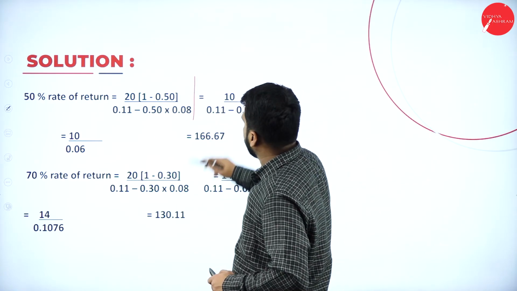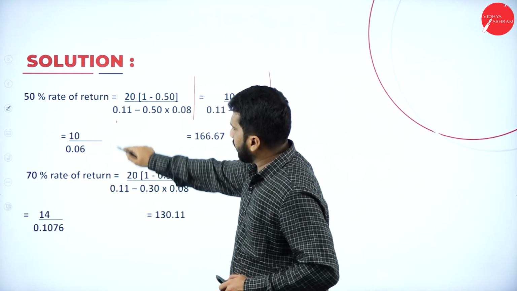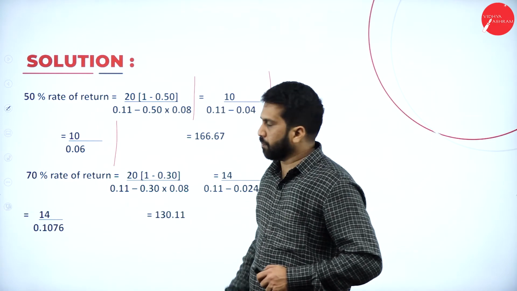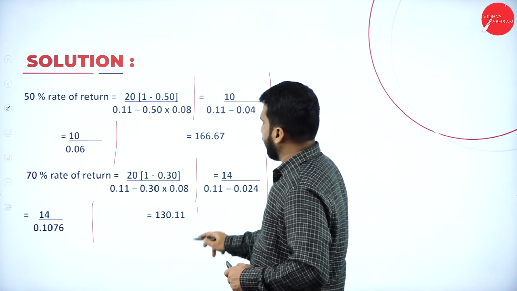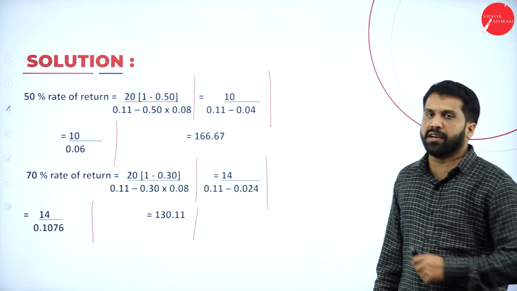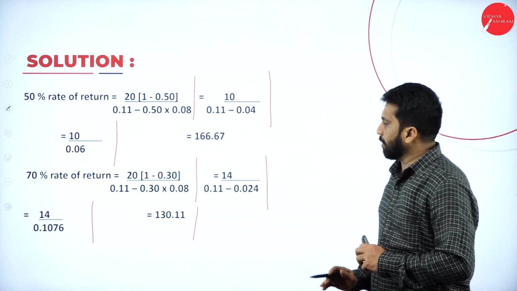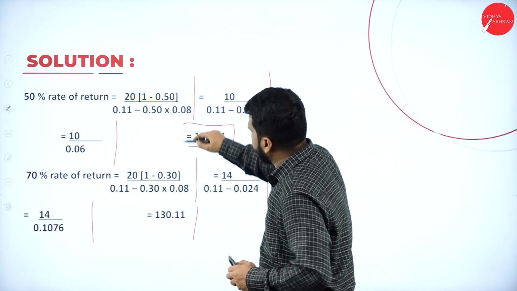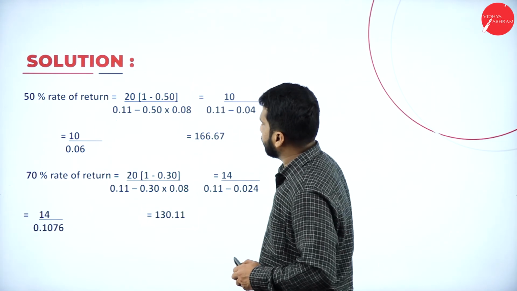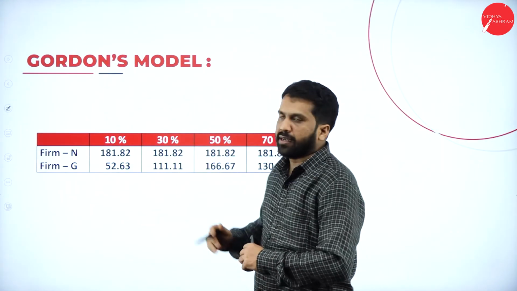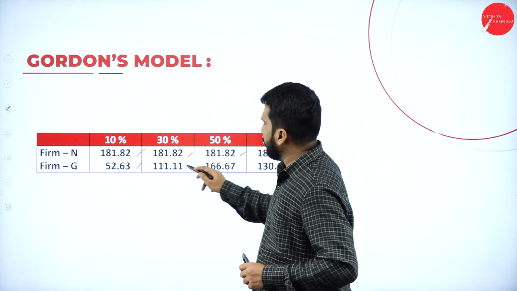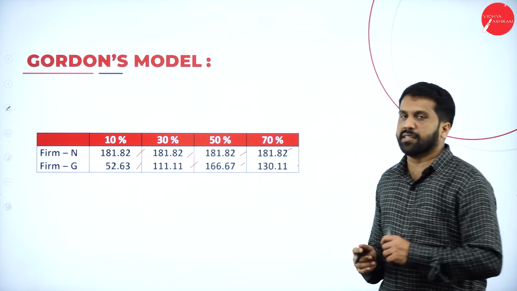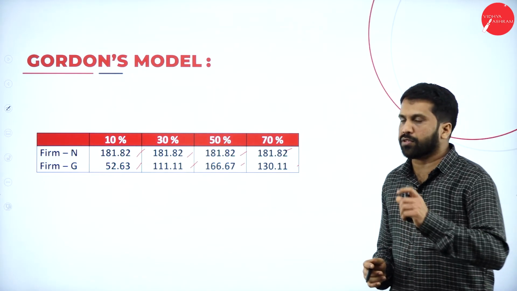Step 1, step 2, step 3, step 4. Like this we are supposed to do. Once you're done with this, all your final answers, you have to put in a table. From N, these are the answers. From G, these are the answers. This much only you are supposed to do.